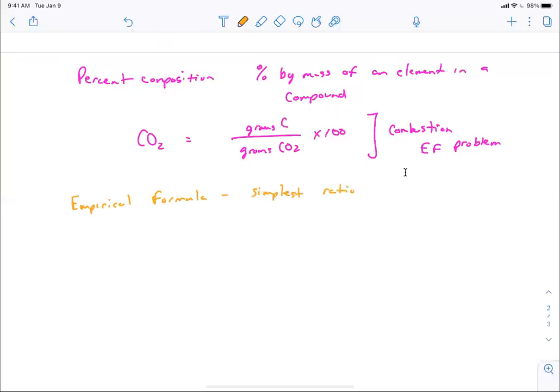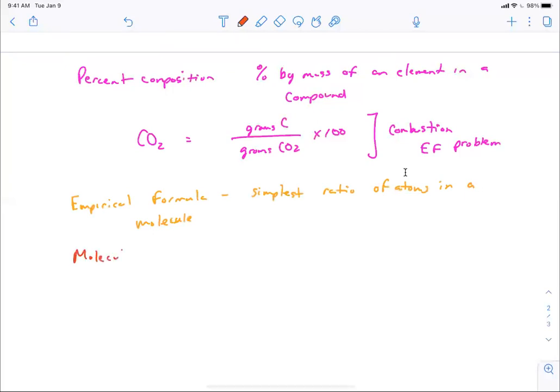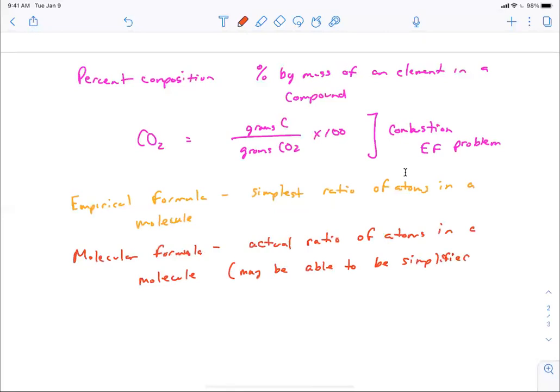The empirical formula is the simplest ratio of atoms in a molecule, versus the molecular formula, which is the actual ratio of atoms in a molecule, meaning that it may be able to be simplified to get the empirical formula.